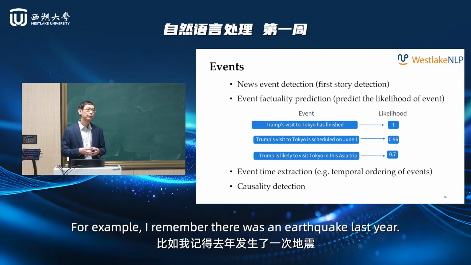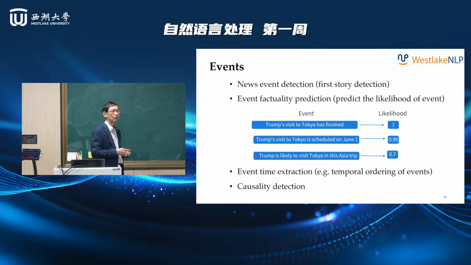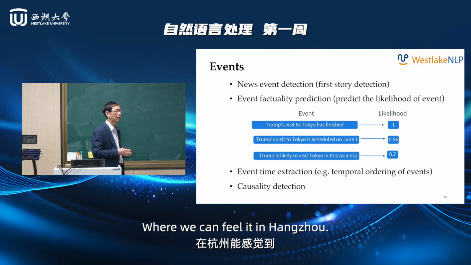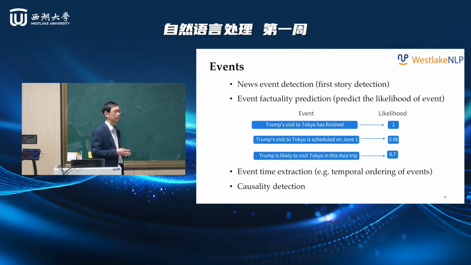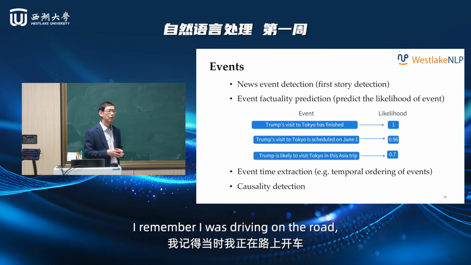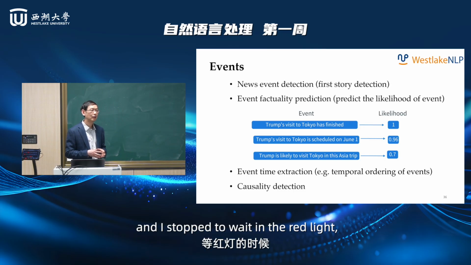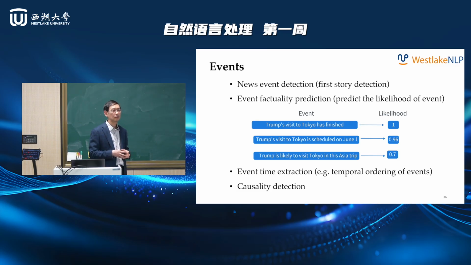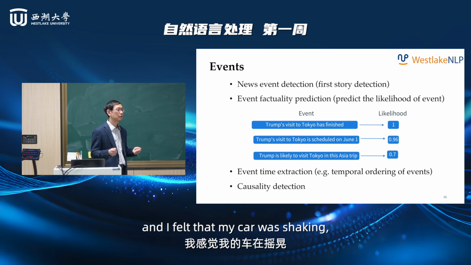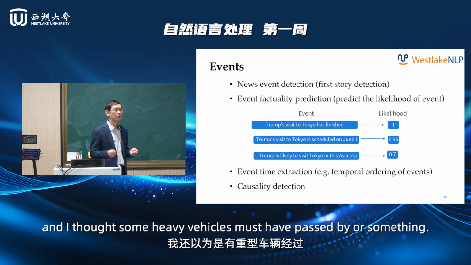For example, I remember there was an earthquake last year, okay, where we can feel it in Hangzhou. So I remember I was driving on the road, and I stopped to wait at a red light, and I felt that my car was shaking, and I thought some heavy vehicles must have passed by or something.